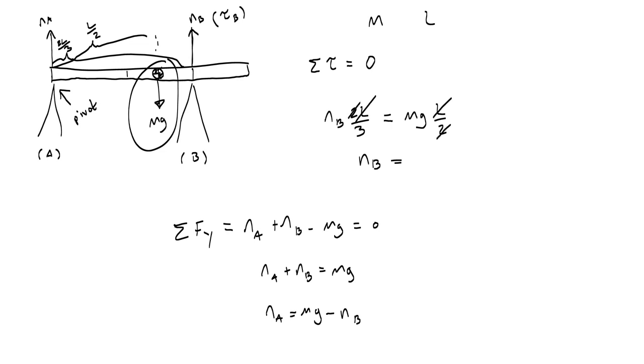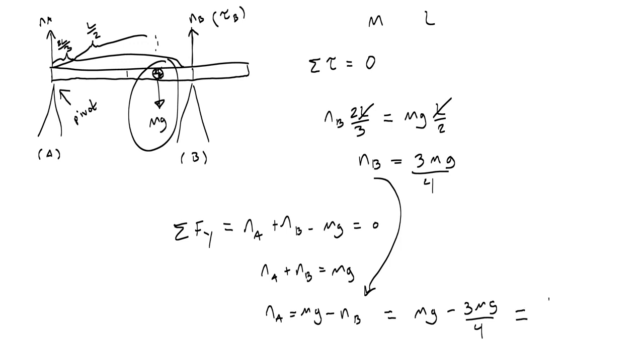And we can cancel out the 2, 3. No, we can't cancel out that 2. Why didn't you stop me? 3 mg over 4. There we go. I can now plug that in and figure out that NA is equal to mg minus 3 mg over 4, which is simply a fourth.